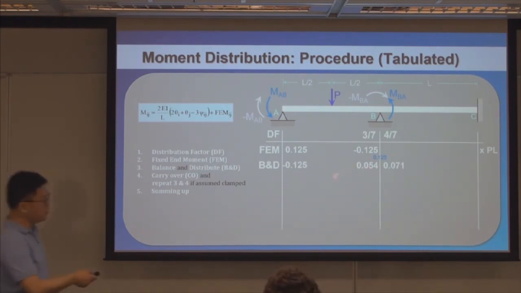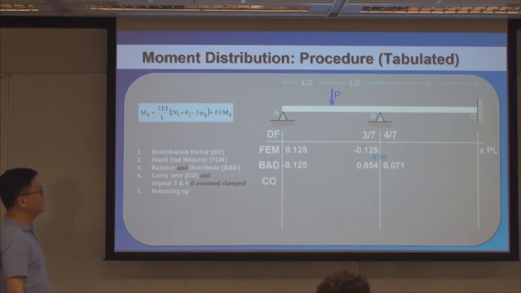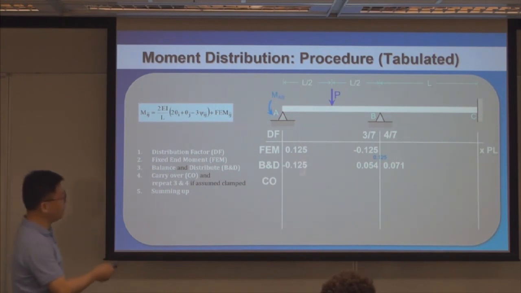After you distribute the moment, you need to look at the other side of the components. That's called carryover. So now I have obtained the moment here. Do I need to carry over a moment to the other side?